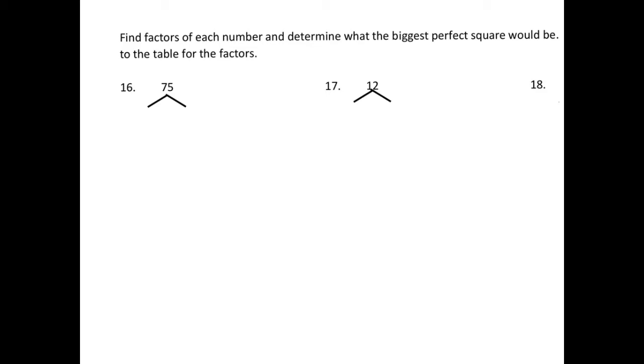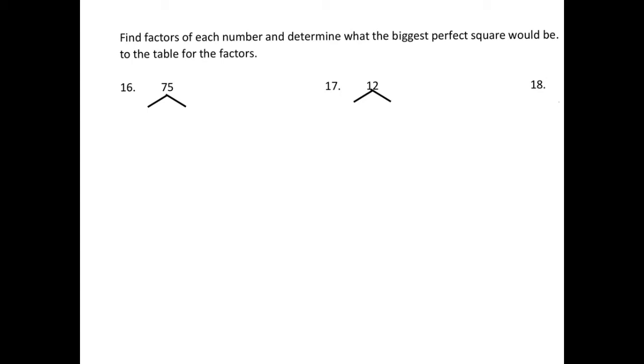Well, now this is where our challenge is going to start, because here what we need to do is figure out each one of these numbers. We know it's not going to be an exact root, but we're going to try to change it into something that has a square root, using factors. So the idea is this. I have 75. I'm going to change it into two factors, two numbers that when I multiply, I get 75. But for one of them, I'm going to get a number that gives me a complete square root.